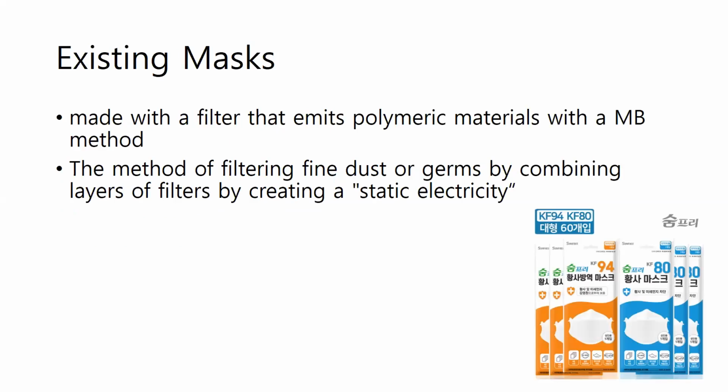First, an existing mask is made with a filter that emits polymeric materials with a melt-blown method. The method filters fine dust or germs by combining layers of filters, creating static electricity.